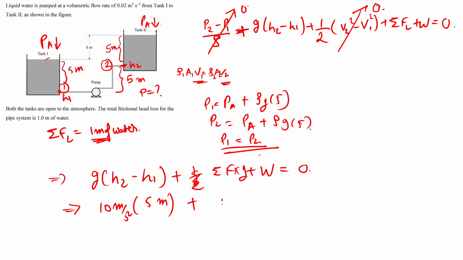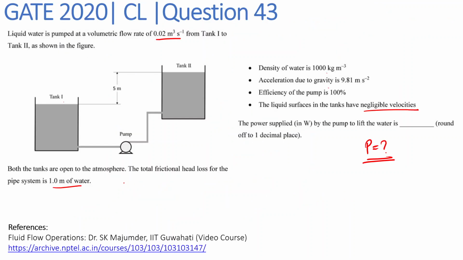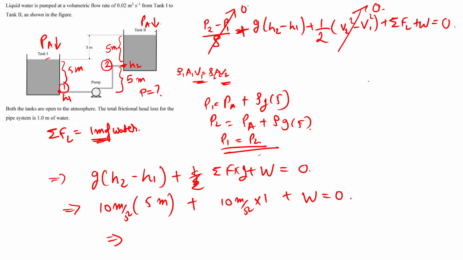It will become again 10 meter per second square into 1, plus work done is equal to 0. Wait a minute, over here we have been given the gravitational constant as 9.81, so instead of 10 we will write 9.81. So it will become 9.81 into 6 is equal to minus of work.